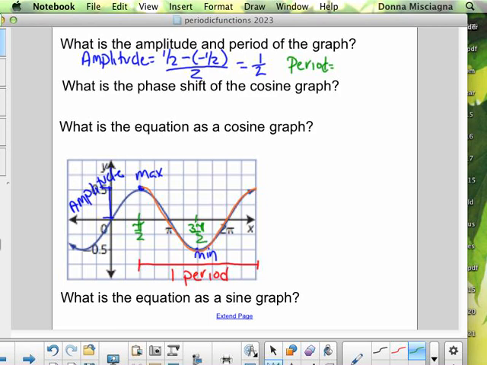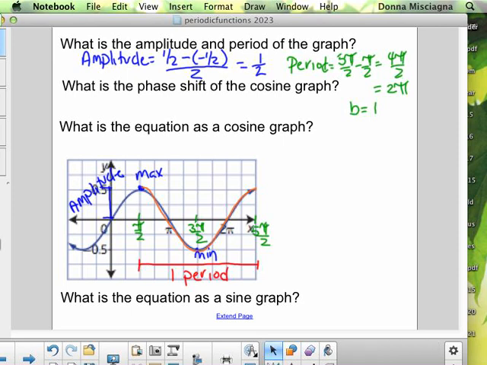And this is 5 pi halves, and you probably realize these are the same values as we had before. So same period. 5 pi halves minus pi halves is 4 pi halves, which is 2 pi. So since the period is 2 pi, B is 1. We don't have to solve that one out.